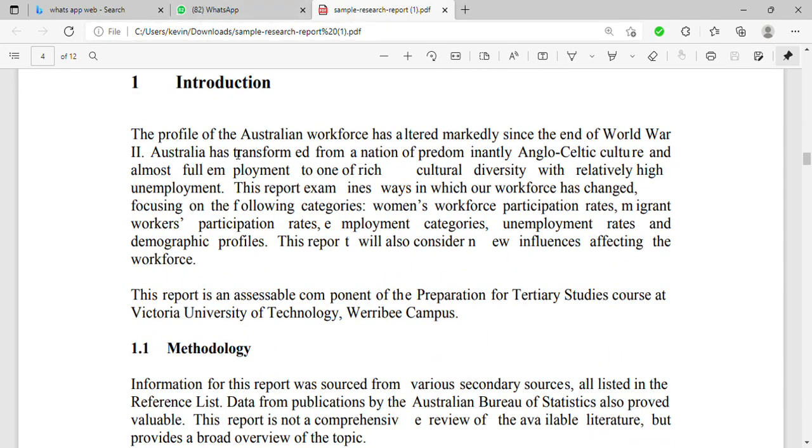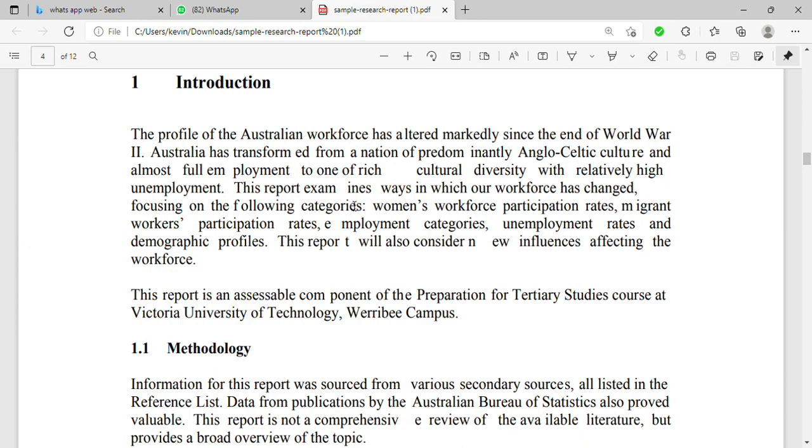The profile of the Australian workforce has altered since the end of World War II. Australia has transformed from a nation of predominantly Anglo-Celtic culture and almost full employment to one of rich cultural diversity with relatively high unemployment.